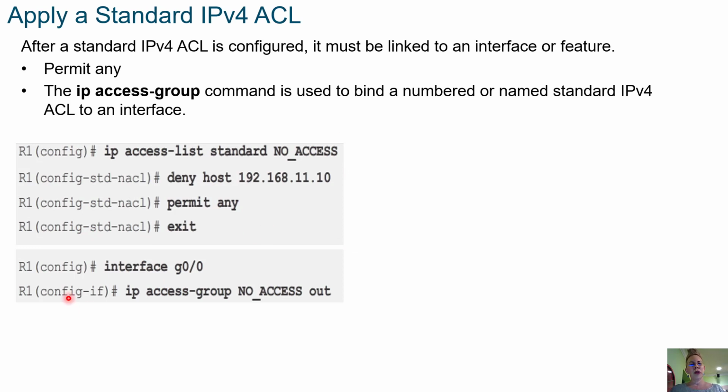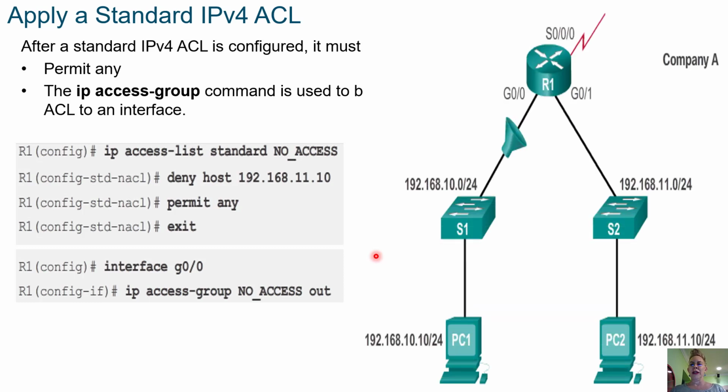It won't do anything till we apply it to the interface that we want to do the work. If you remember from the previous module and videos, the work is being done on the interfaces. You can put an access control list on an outbound or an inbound interface, and that's when the packet will be looked at.